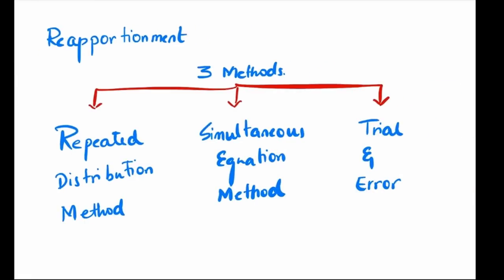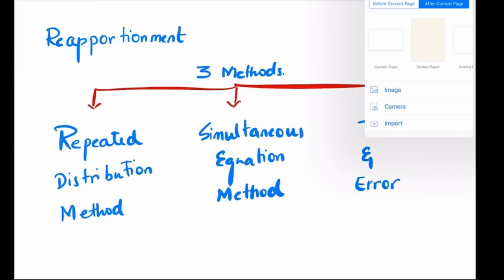Now there are three methods of doing it, but before we go into any of these three methods, let me just give an example of how it works. Let's say there are three departments A, B and C. There is a stores department. Now which is the service department here?